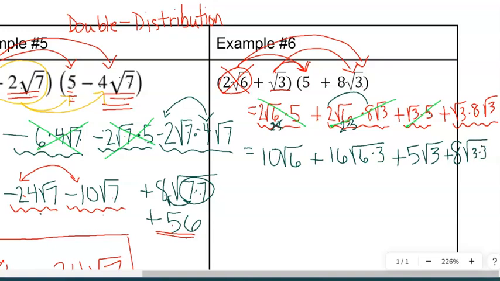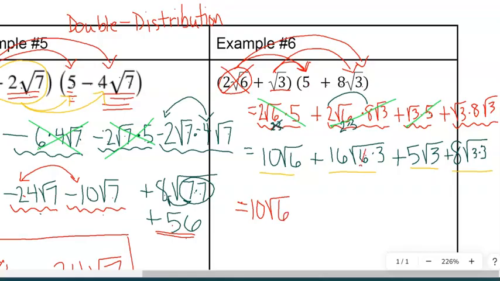Okay? So I know this doesn't look like I made it any shorter, but we did. So we've got this, this, this, and this. We still have 4 terms. So we need to simplify the radicals if we can. Well, 10 root 6 doesn't simplify, but I can't get rid of it yet, so we're going to leave it alone.